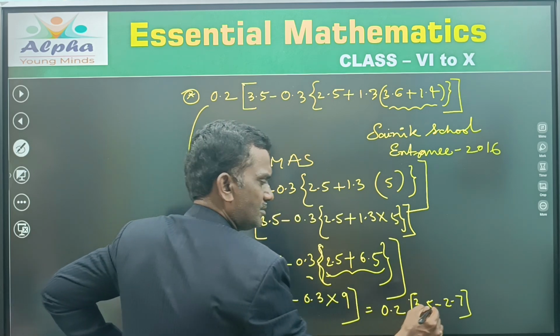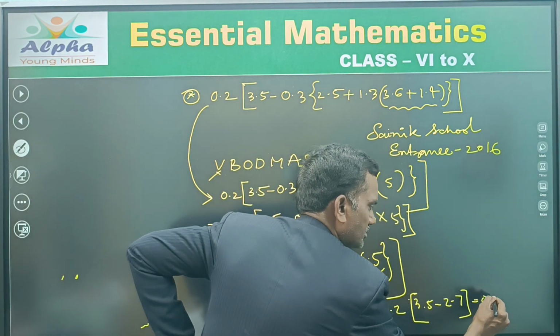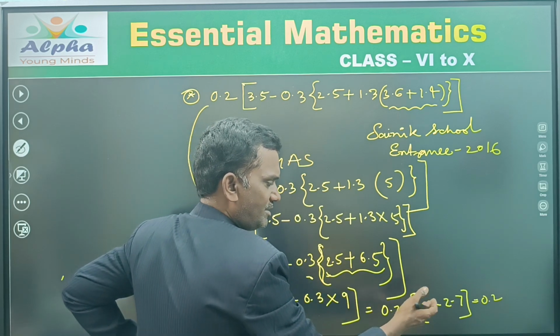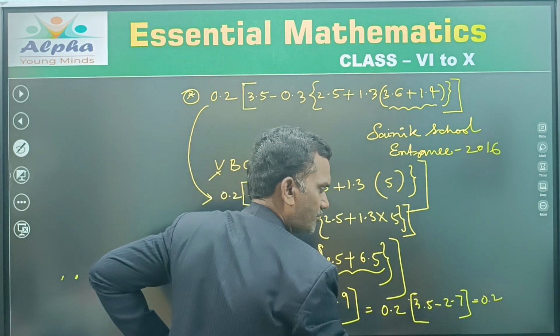This is again 0.2 into, now you have to simplify whatever is there in square bracket. 3.5 minus 2.7, what is that? 0.8.